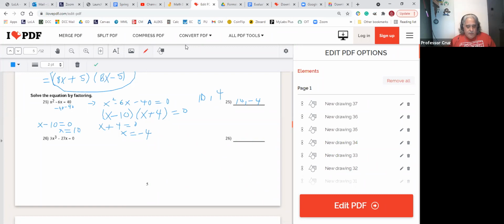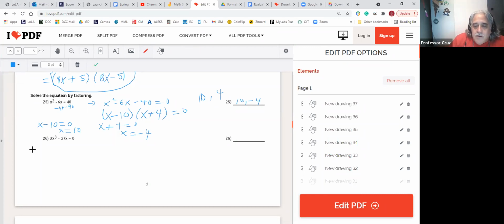All right, now that next one is not a quadratic, so what we probably should do for all of our factoring is look for a greatest common factor.